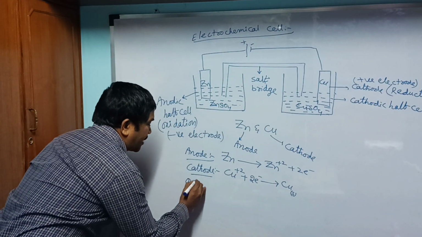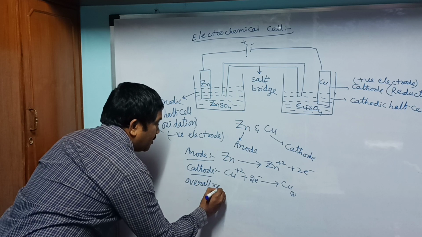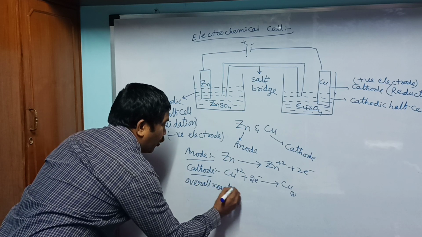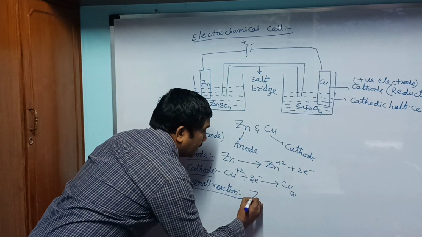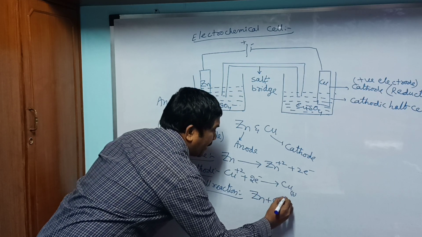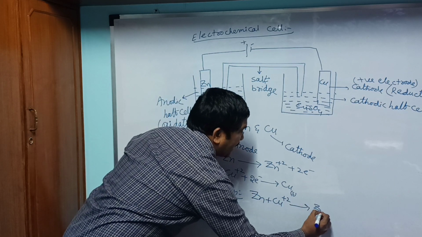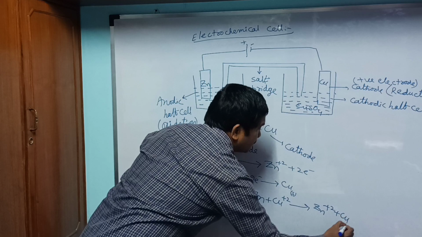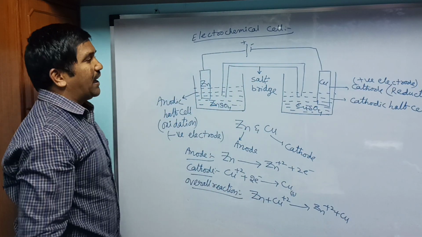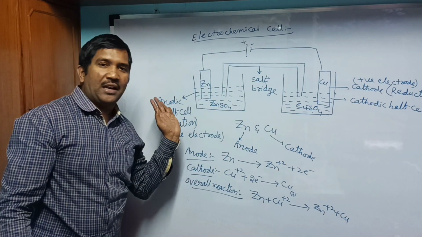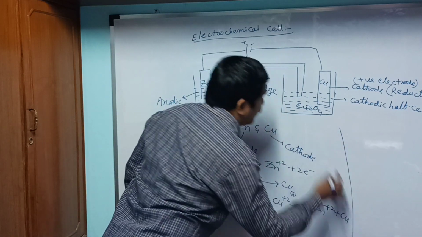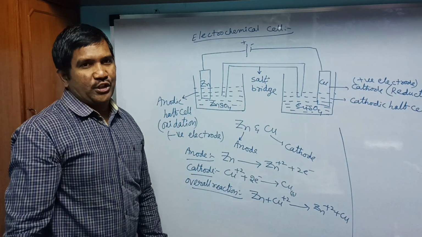What is the overall reaction? Zn plus Cu2+ gives Zn2+ plus Cu. This is the overall reaction of this electrochemical cell. Next, what is the main use of salt bridge?